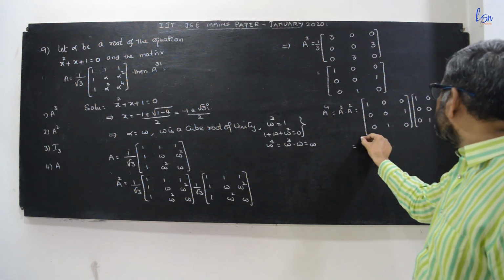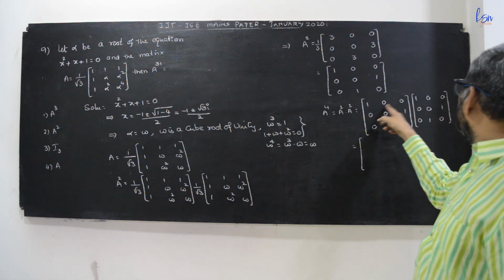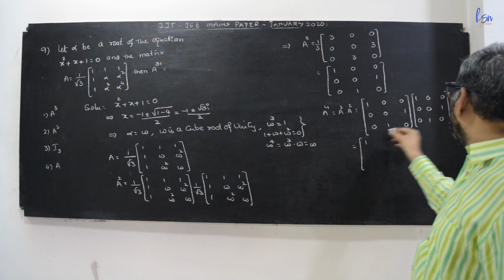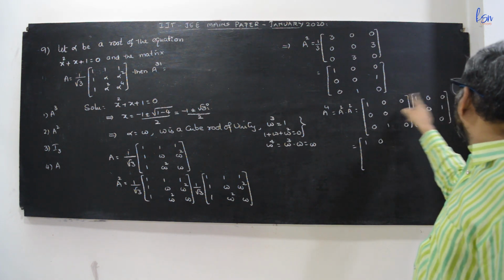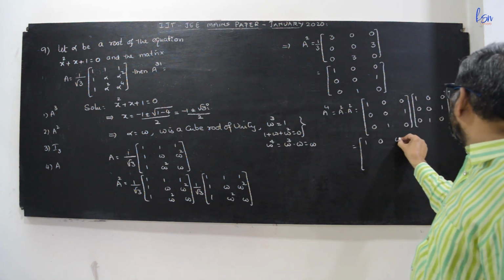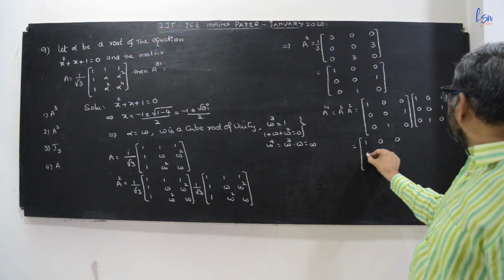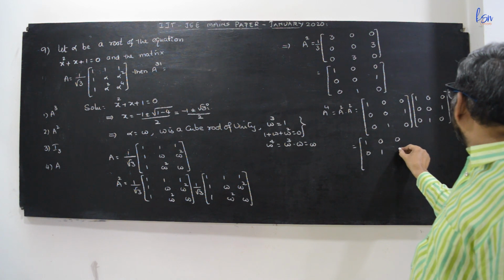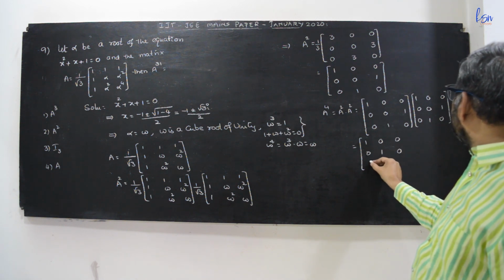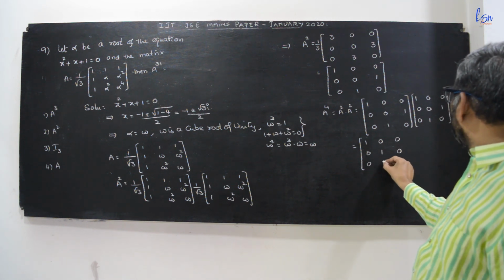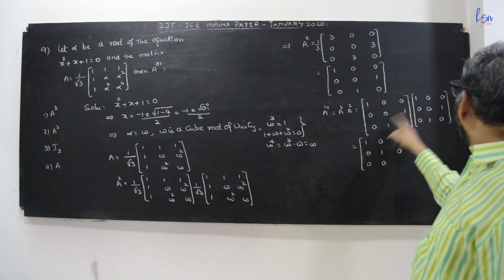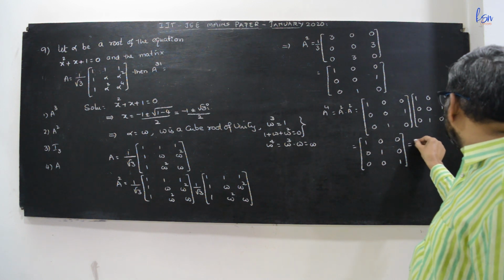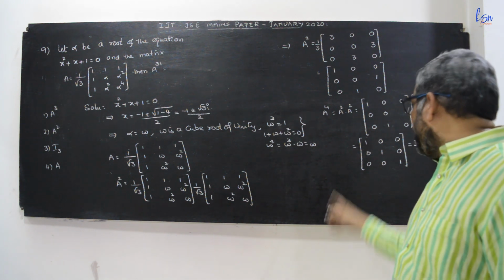Now we'll multiply these two. 1 0 0, 1 0 0, 0 0 0 0 and 0. This is 0. Of course, in the similar fashion, this is 0. This is a 1. This is 0. Again, this is 0. This is 0. This is 0 1 0. This is 1. Therefore, this is equal to I. So, a to the power of 4 equals I.